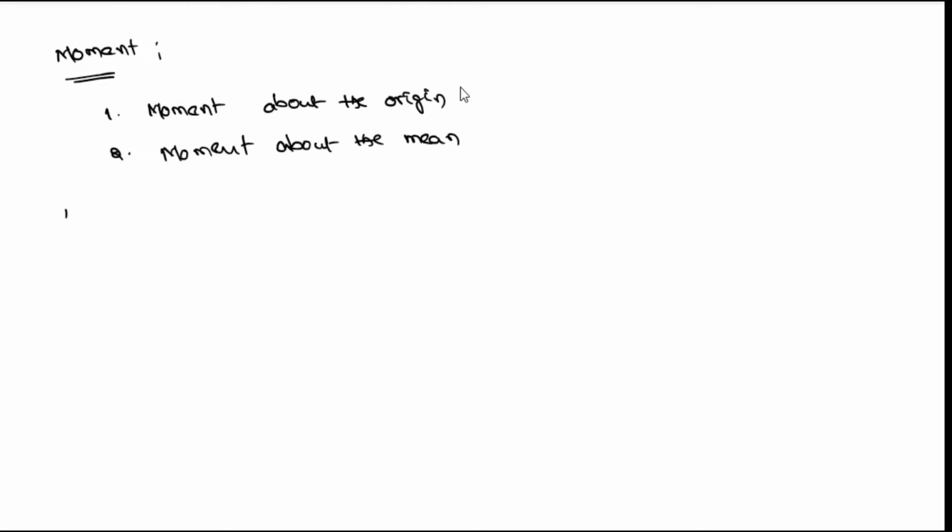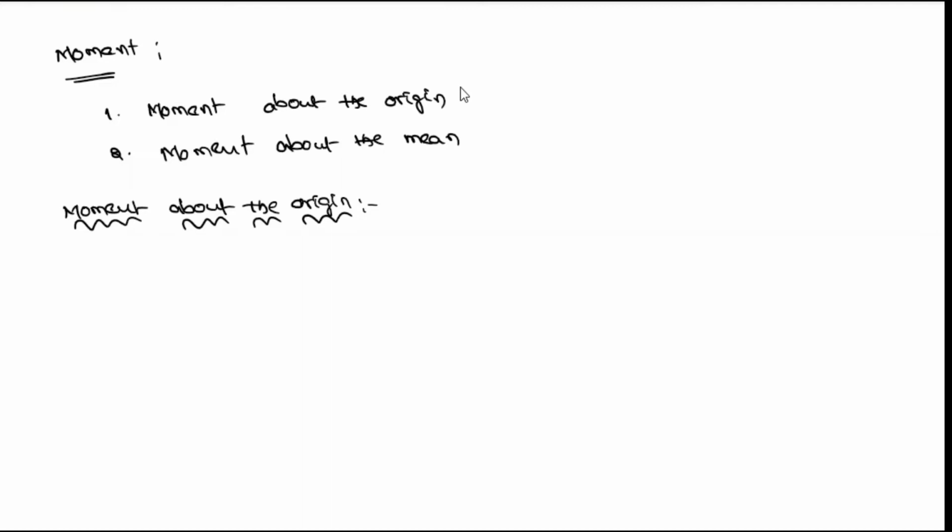So let us take the first one, moment about the origin. Here the moment about the origin is taken with respect to the 0 point of the graph.